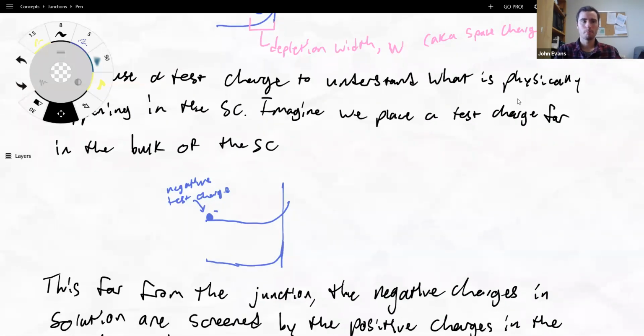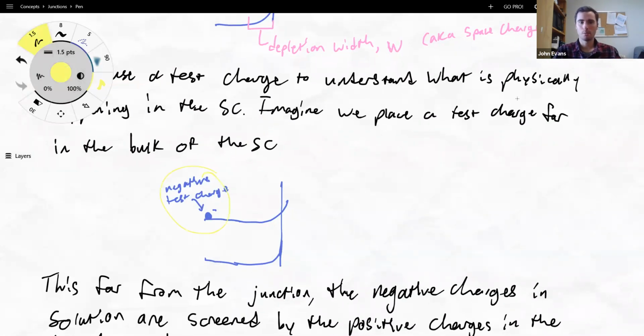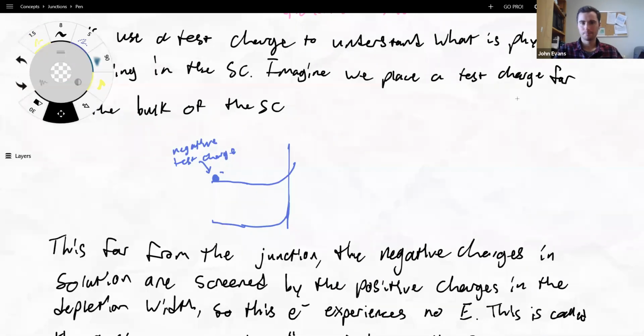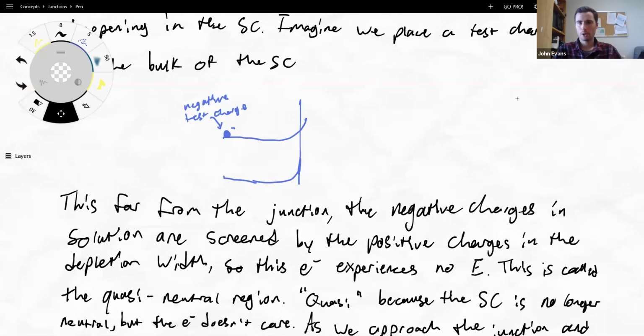So we're going to plop this negative test charge way in the bulk, which means far away from the junction. When you're this far away from the junction, the negative charges in the solution, the ones way over here, are going to be screened by the positive charges in the depletion width. So these guys over here. So essentially, that electron experiences no electric field, more or less.